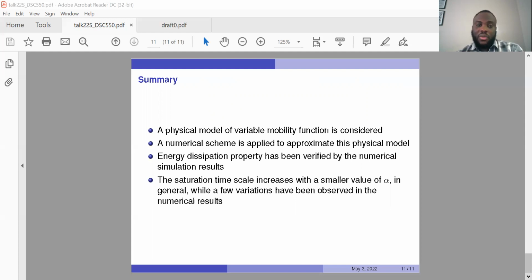A numerical scheme was applied, and this gave us an approximate physical model. Again, the energy dissipation property was verified by the numerical simulation results. The saturation time increases with smaller values of alpha in general, while a few variations have been observed in the numerical results. Thank you.